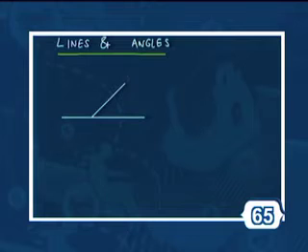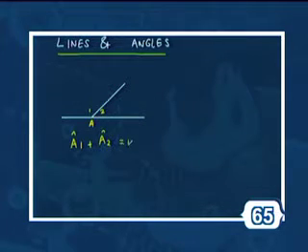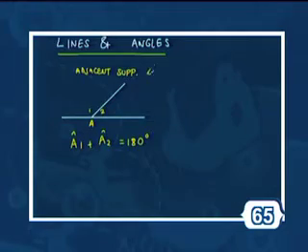So, for example, if I have a straight line and I call these angles A1 and A2, then angle A1 plus angle A2 is equal to 180 degrees, and we refer to this concept as adjacent supplementary angles. Supplementary just means that the angles add up to 180 degrees.